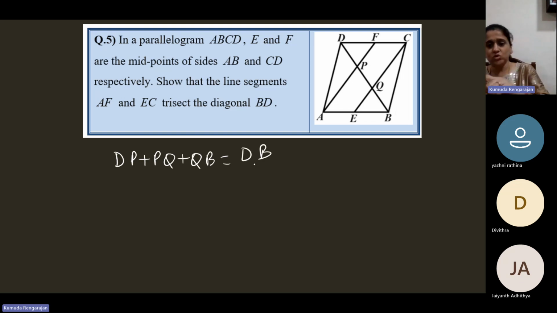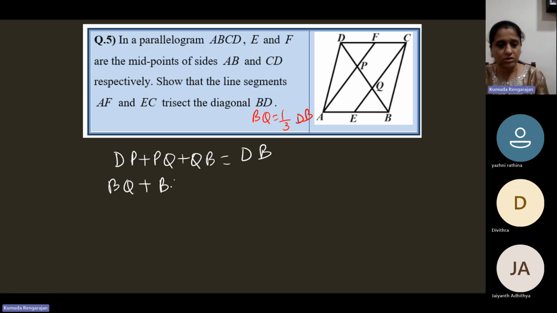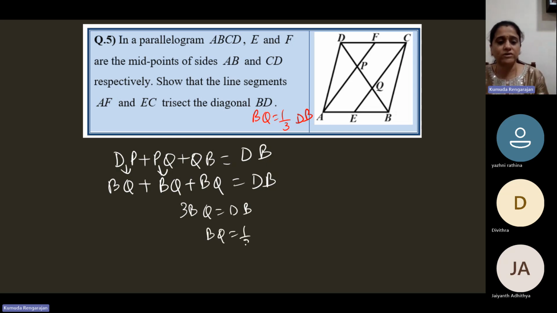Now, if they want you to prove that BQ is 1/3 of BD, what should you do? Replace all of these with BQ because all these three are equal, as we proved. So BQ plus BQ plus BQ is equal to DB. So 3 times BQ is equal to DB, or BQ is equal to 1/3 of DB.